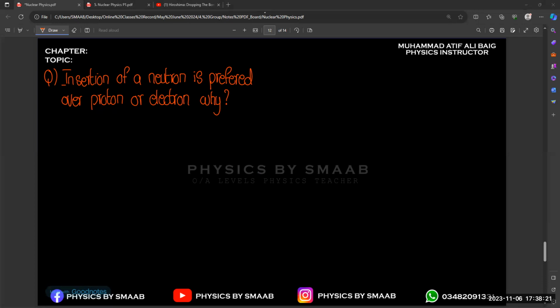Yes, the first reason is the right one. Very good, because you know that the nucleus already has a positive charge. So if we use a positive particle, it will be completely repelled by the nucleus.